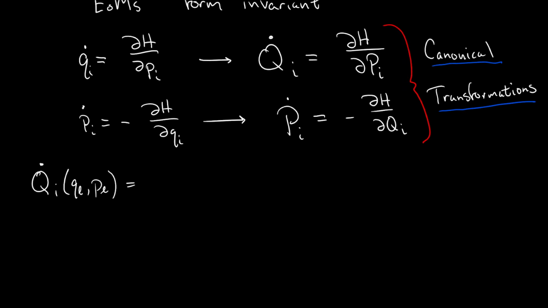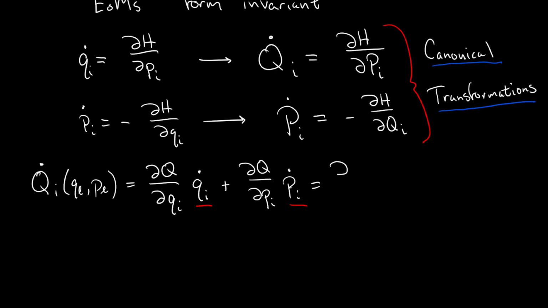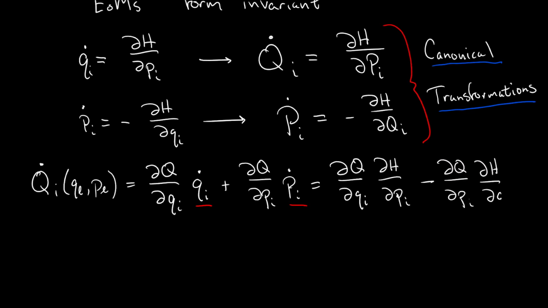So let's just use the chain rule on this, and we get dQ/dq_i q_i dot plus dQ/dp_i p_i dot. And each of these guys, q dot and p dot, we can rewrite using Hamilton's equations. So these just become dQ/dq_i dH/dp_i minus dQ/dp_i dH/dq_i.